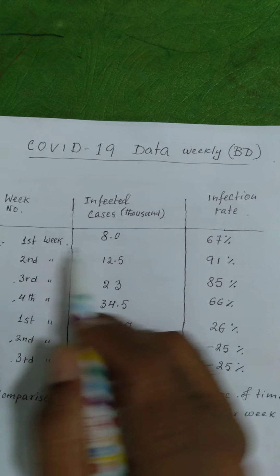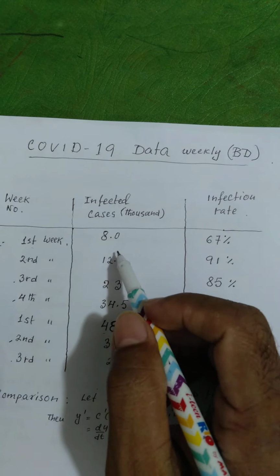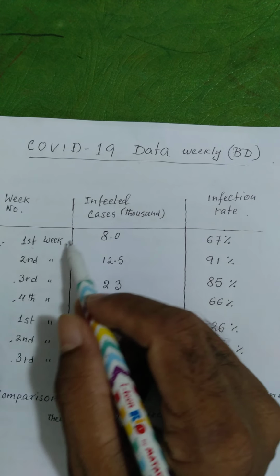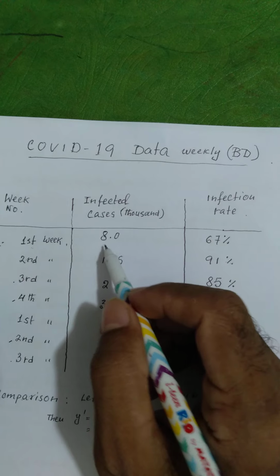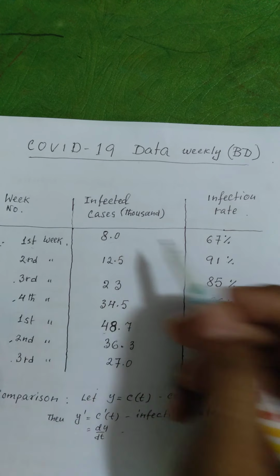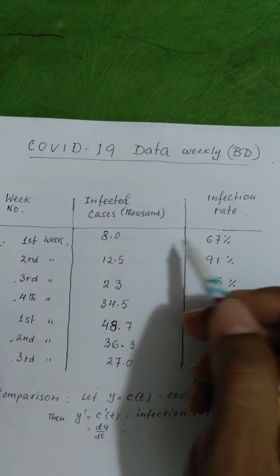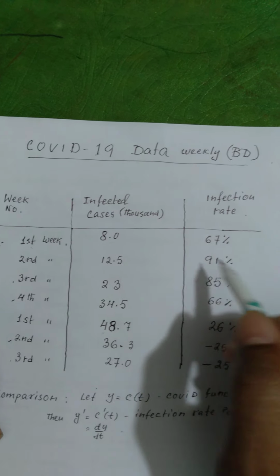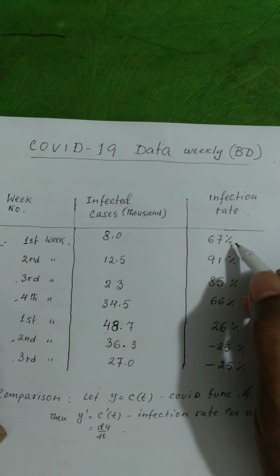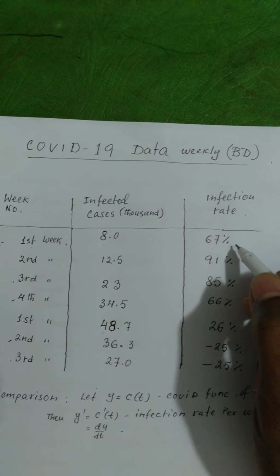At 1st March, COVID infected cases for 1 week were 8,000, and compared to the previous week it was a 67% infection rate.